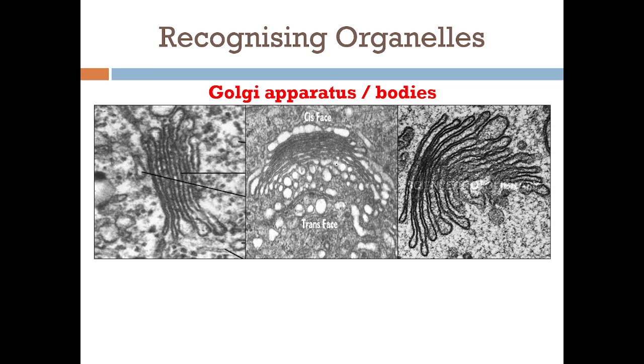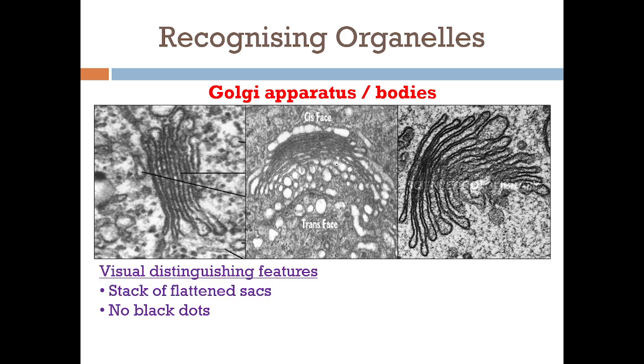I'll usually just call it the Golgi apparatus, so I'll stick to apparatus in this video. The distinguishing features are that the membranes are stacked together, and they are one stack on their own. They're not connected to anything else, unlike the rough ER, which are continuous sheets, or the smooth ER, which is like a lot of circles that touch one another.